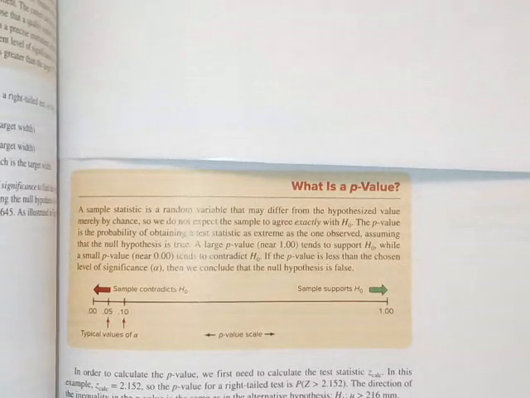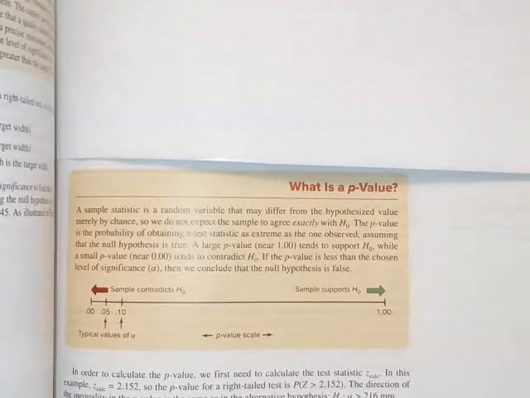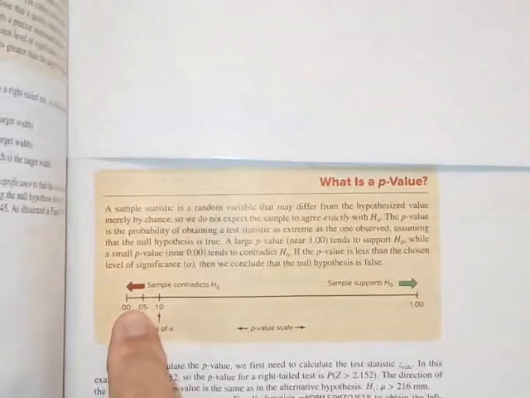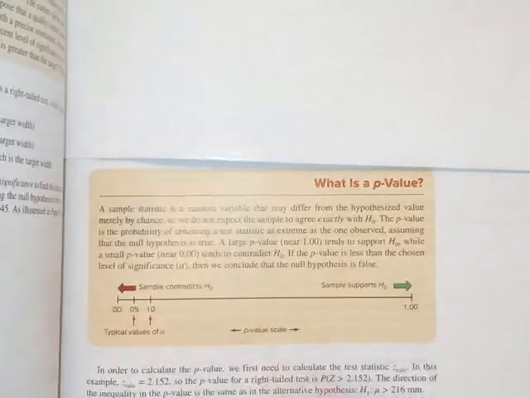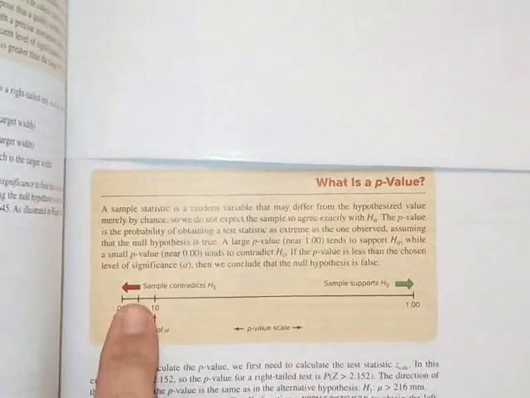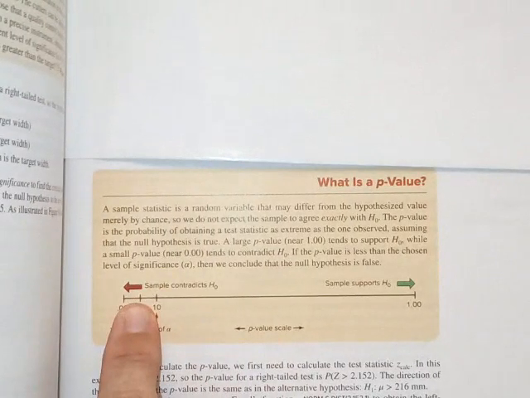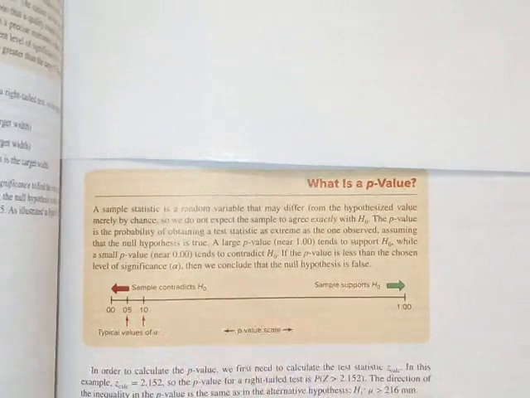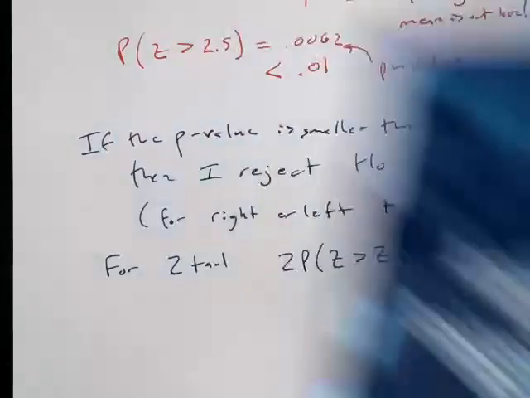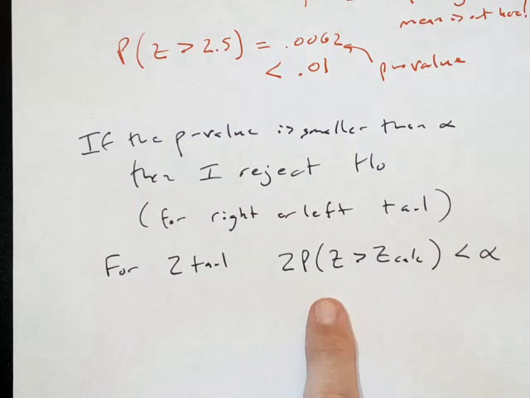So if my chance of getting this number is so small that it couldn't have happened randomly, given our mean and standard deviation, then that does not support our null hypothesis, and we should reject. If the p-value is anything bigger than the chance for our critical value, then I'm okay. But if the probability is smaller than that, then it is very unlikely that this just happened to occur.